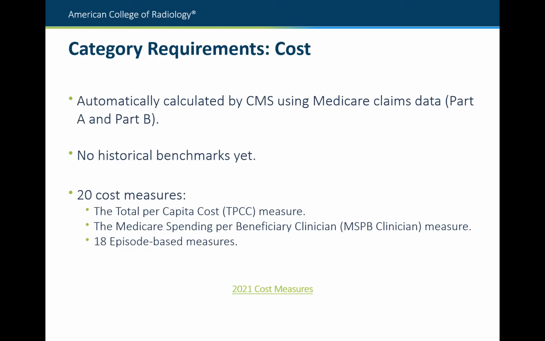And those are linked at the bottom. And again, CMS will calculate costs for you, so we won't know what your score will be for that until you get your final score, if you can even attribute any cases to your TIN.